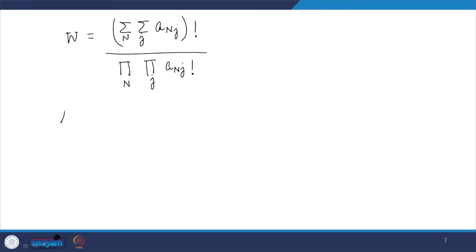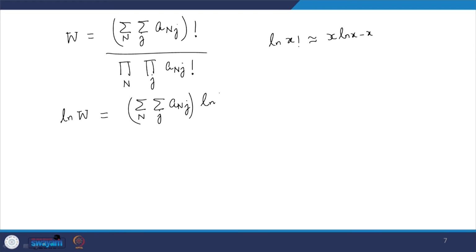Now, if I take ln W, using the Stirling approximation for large x, ln x factorial can be approximated as x ln x minus x. So, this becomes summation over N, summation over j of a_{N,j} ln of the summation over N, summation over j of a_{N,j}, minus the summation over N, summation over j of a_{N,j}.